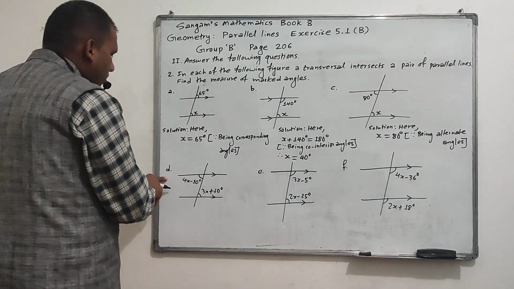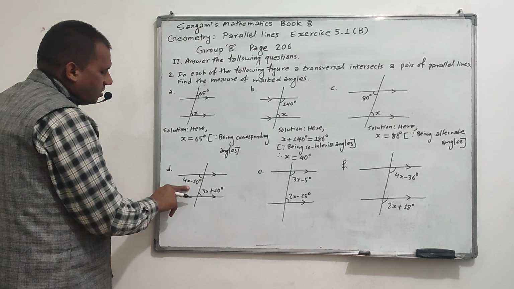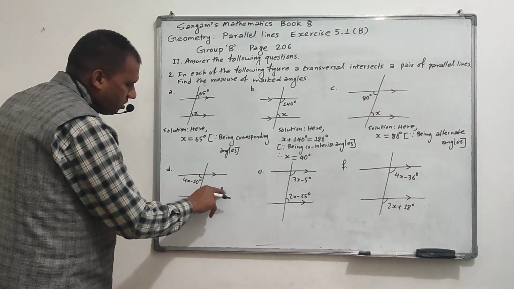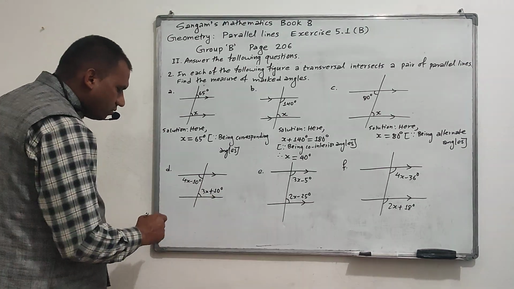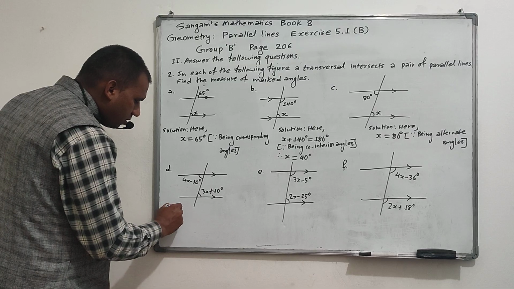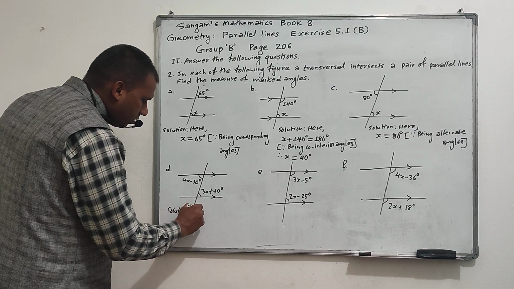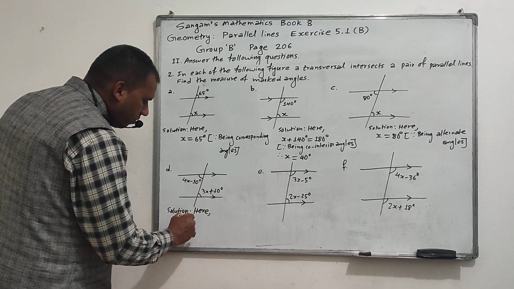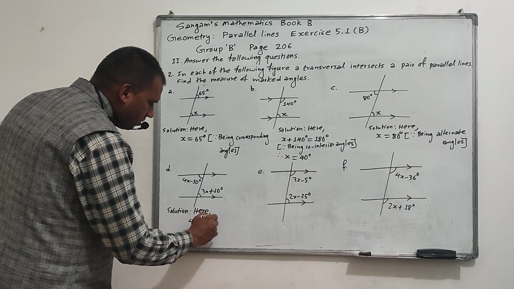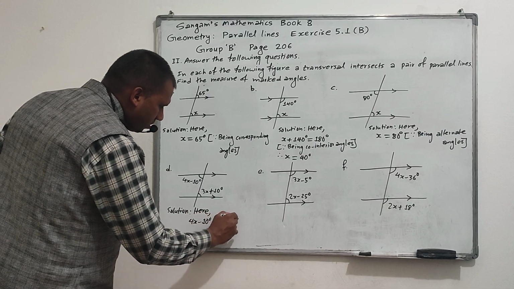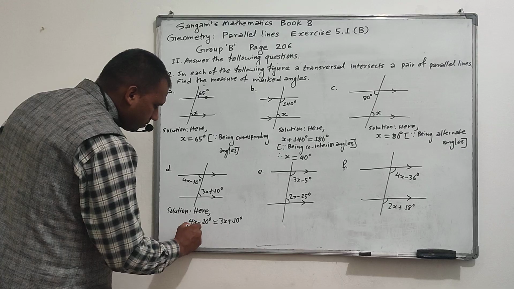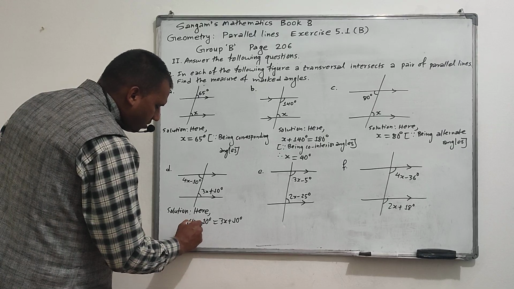Now, next question D. 4x minus 10 and that angle is 3x plus 10. They are alternate angles, so we can write solution here. 4x minus 10 degree equal to 3x plus 10 degree, being alternate angles.